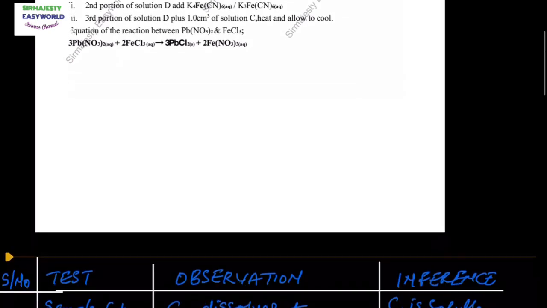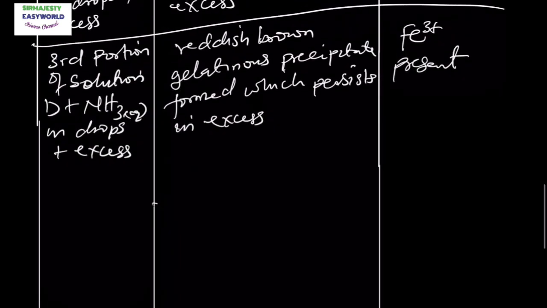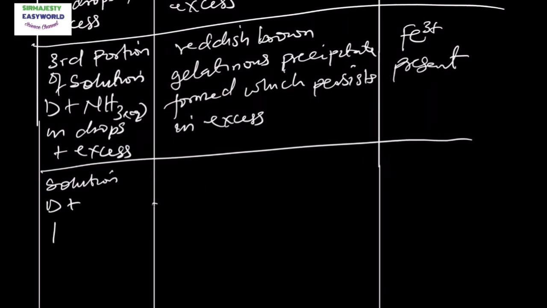Then the other one says second portion, you add potassium hexacyanoferrate 3. This is already iron 3, so adding iron 3 again to it, I know my practical showed me green. Solution D plus K4Fe.